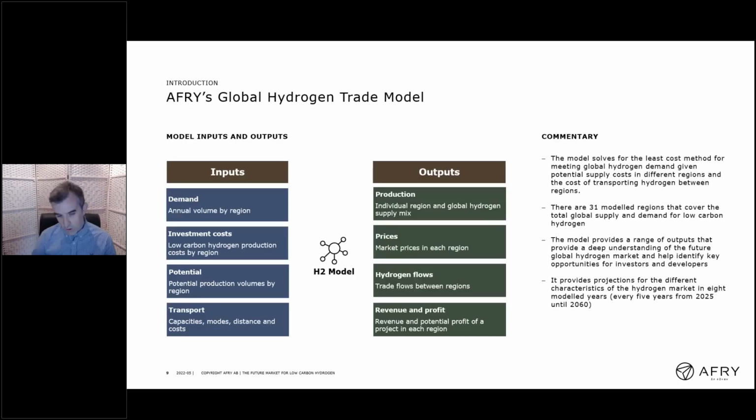So the broad structure of the model, if you're familiar with AFRY's models and economic models of the power sector or the energy sector more generally, the structure will be familiar to you. We have 31 modeled regions covering the entire market for low carbon hydrogen. We have a demand in each region, and then we have supply investment costs in each region that define how much the cost of supply will be, and those investment costs are broken into green and blue hydrogen, which we'll talk about further.